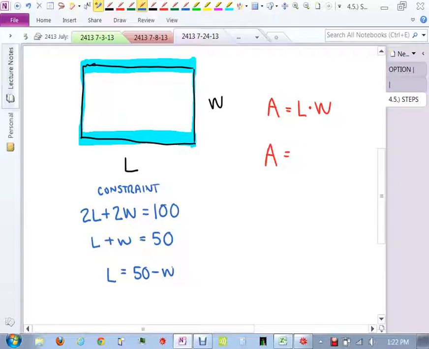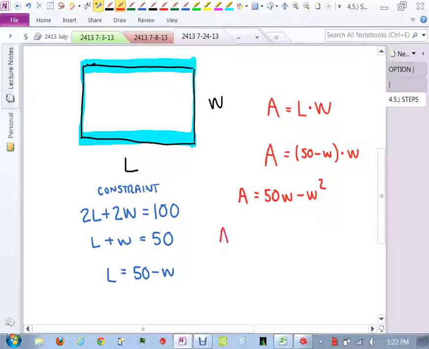So now rewrite A up there. What would it be? What is L? 50 minus W times W, right? So area equals, I'm going to distribute that W through, 50W minus W squared. Do you all agree with that?